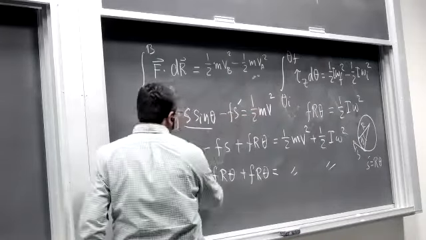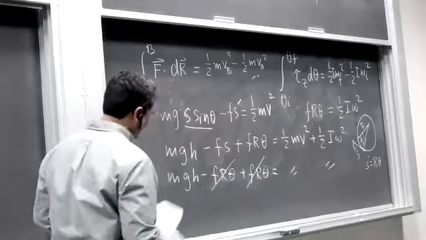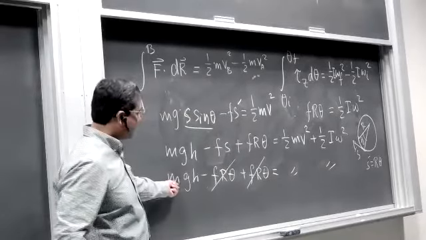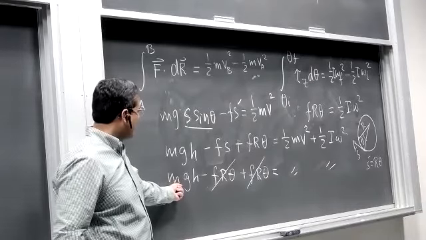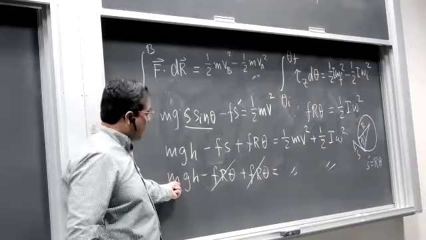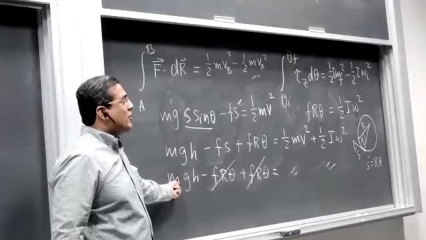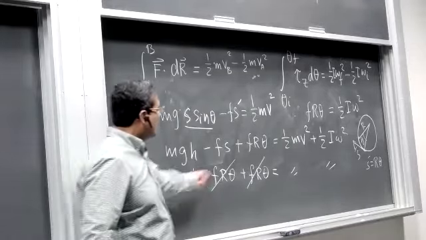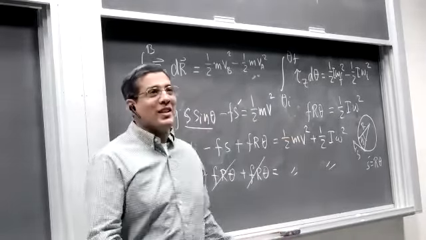So see here, they both cancel. And what do we get? The same equation we had. Same equation as before. So the conservation of energy that we were assuming was not incorrect. mgh is equal to half mv square plus half I omega square. What is happening then?